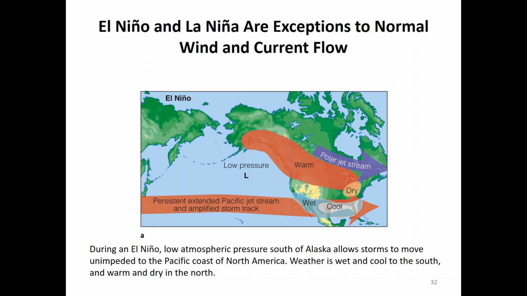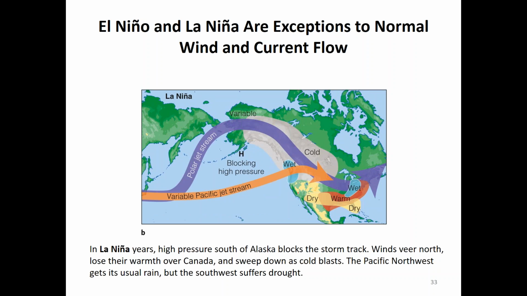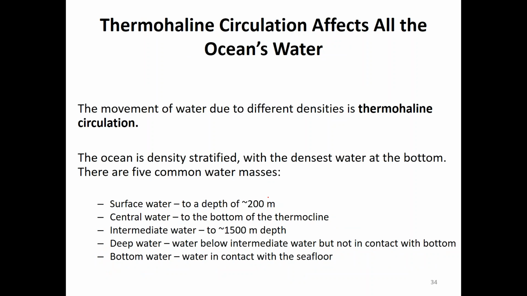But in El Nino, you have all this warm water accumulating over here. And that changes the regional climates of North America. So for example, last winter we had a fairly mild winter.